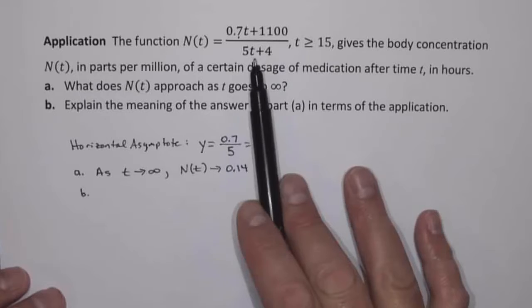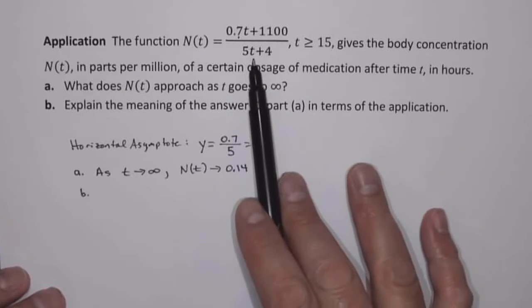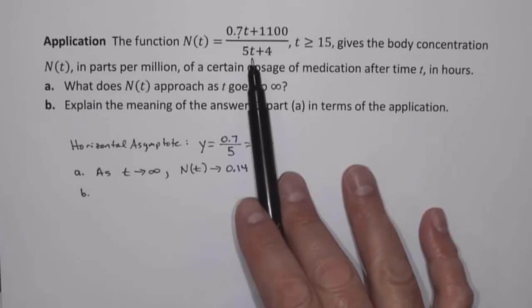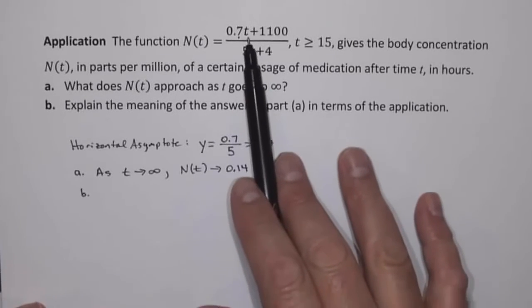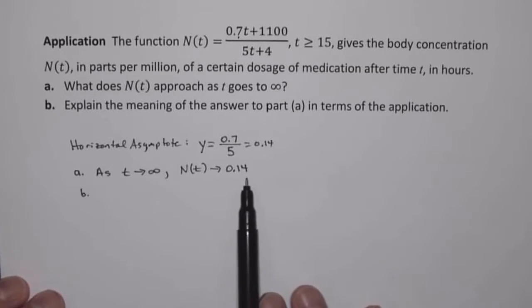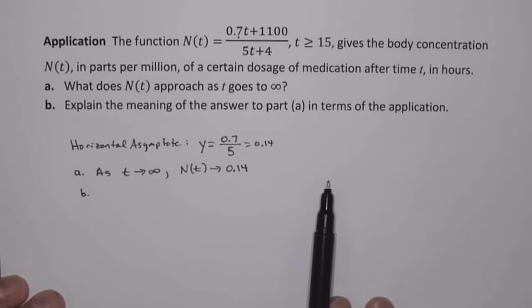So if I were to substitute in, say, 16 or 17 or 18 and so on, that would give me the concentration of the medication at that time. If I were to plug in, say, 16, whatever I get would be the concentration of medication in parts per million at that time. So what this is giving me is the concentration as time goes to infinity.